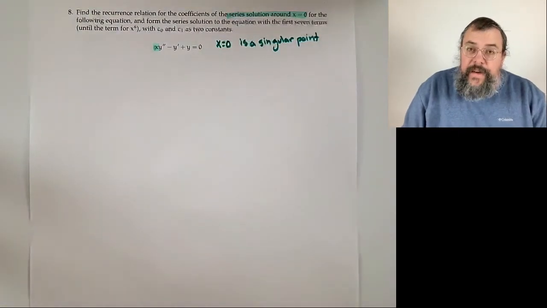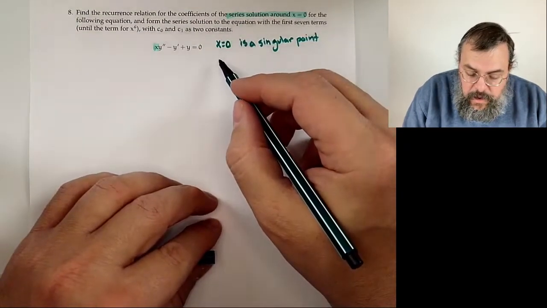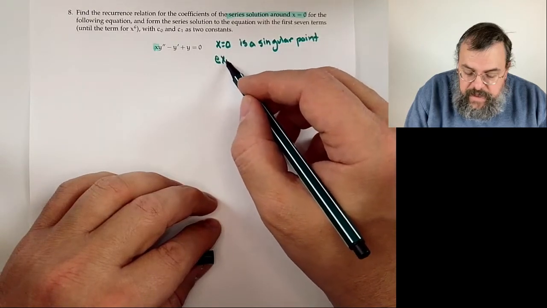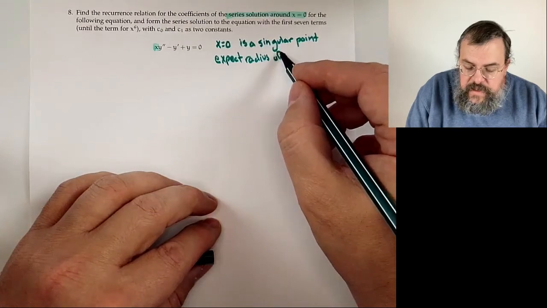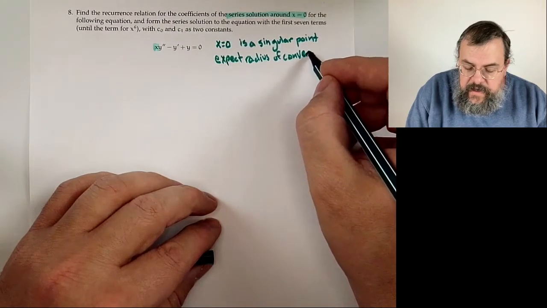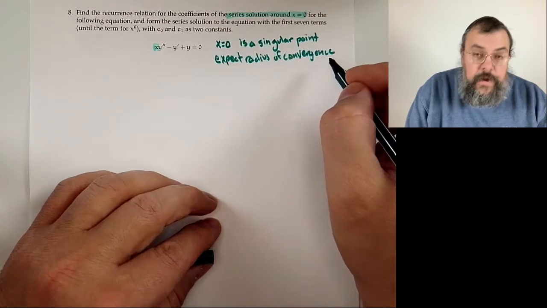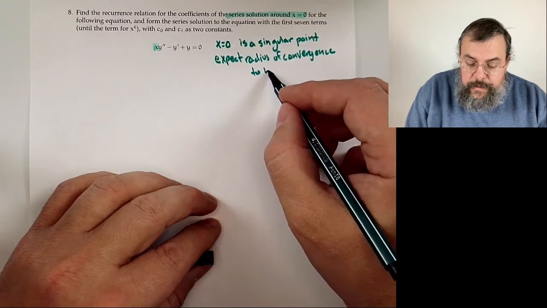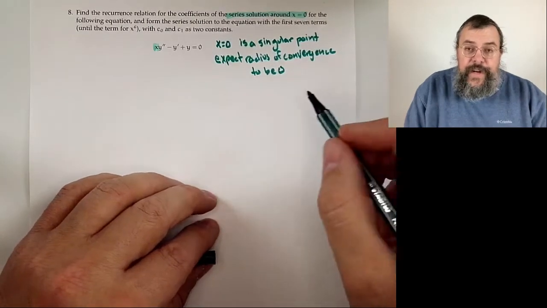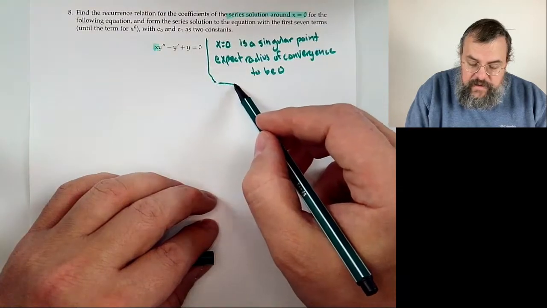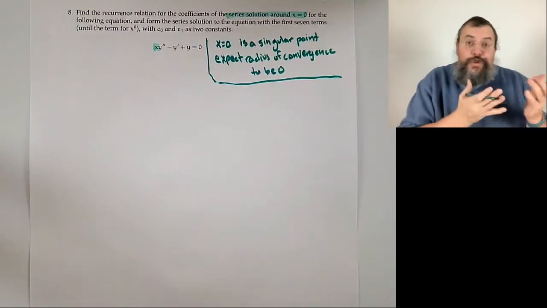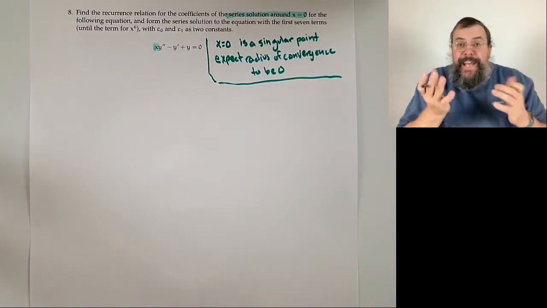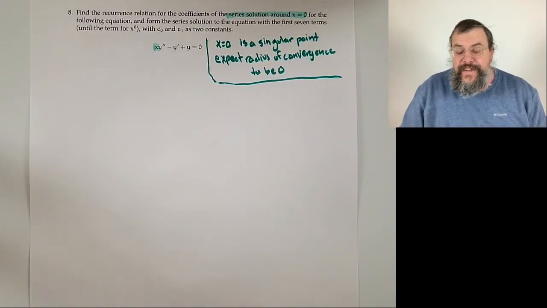Well, once we have x equals 0 as a singular point, we can say that we expect our radius of convergence, in other words, how far would we expect our answer to work, to be 0. Now, if your radius of convergence is 0, it basically says, hey, if you do succeed in getting an answer, which you may not, it's not going to be a useful answer.